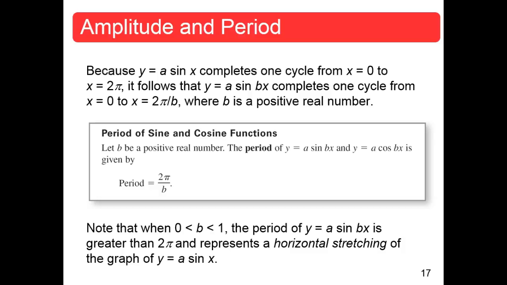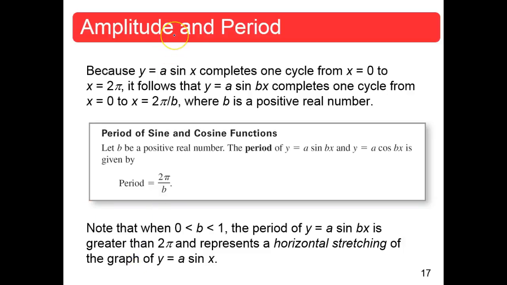Okay? And since the period is 0 to 2 pi, now that means bx goes between 0 and 2 pi. Right? But if bx goes between 0 and 2 pi, let me phrase it this way. Let me get back to dark.